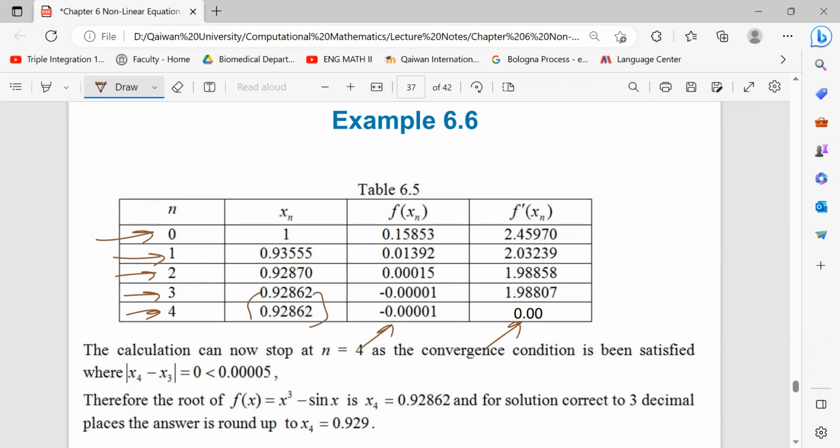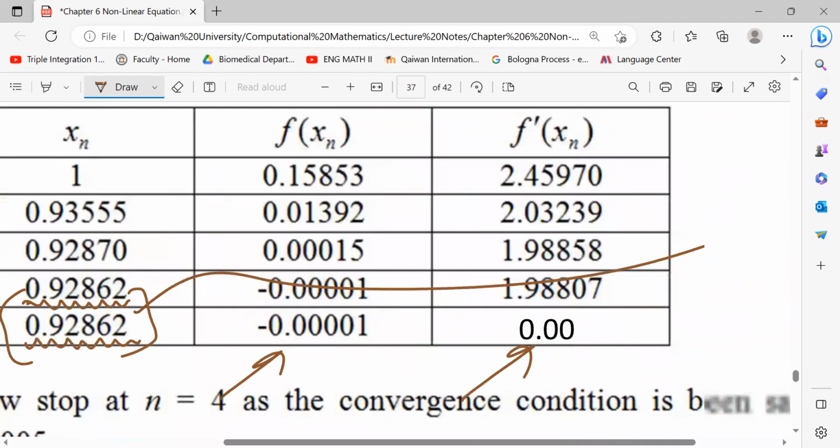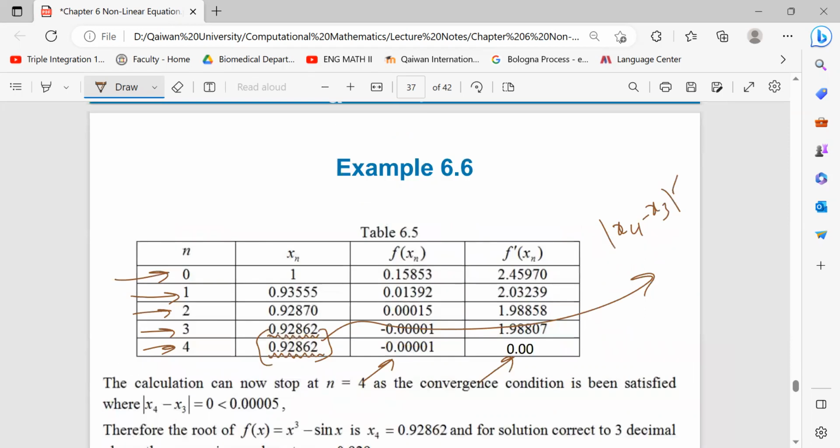If we find the difference of these two successive x, this is x0, x1, x2, x3, x4. Okay? We say the absolute value of x4 minus x3. It is 0.92862 minus 0.92862. It's all 0. Okay? So you say we stop here.